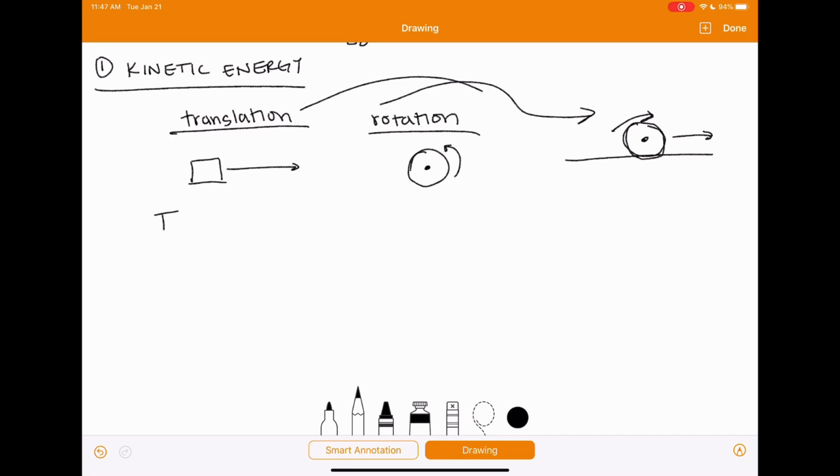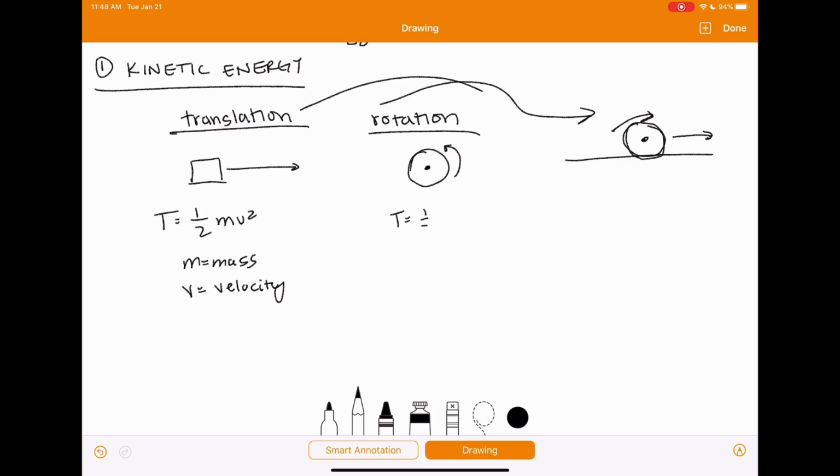So the equation for translation is 1/2 mv squared, where m is mass and v is velocity. And for rotation, it's a little bit more complicated.